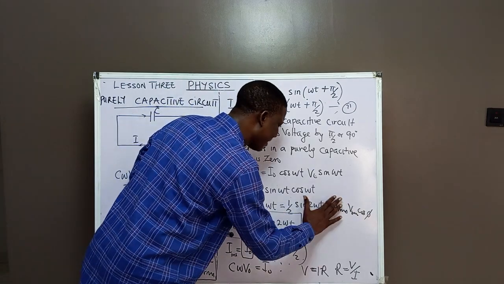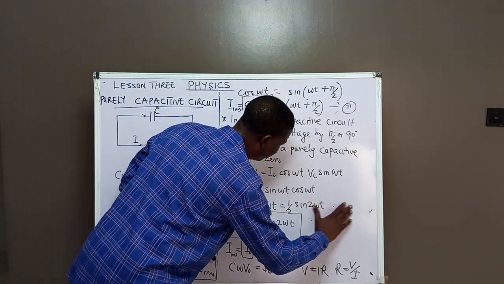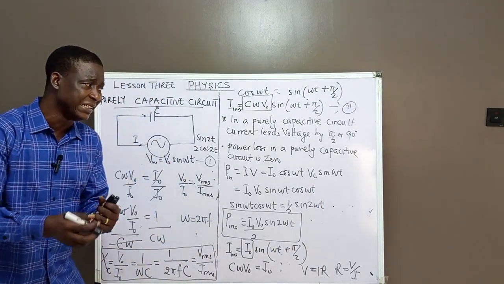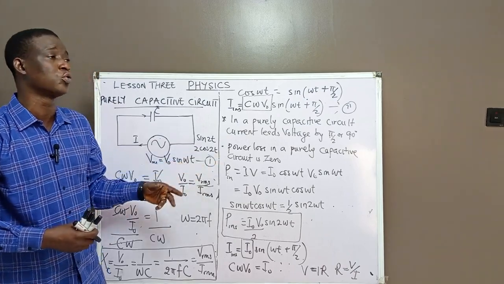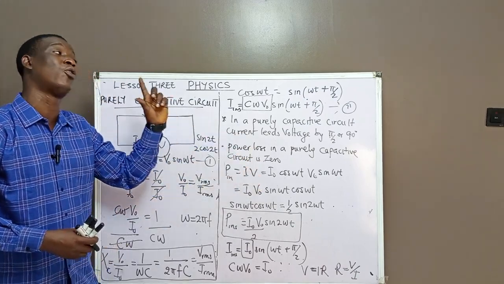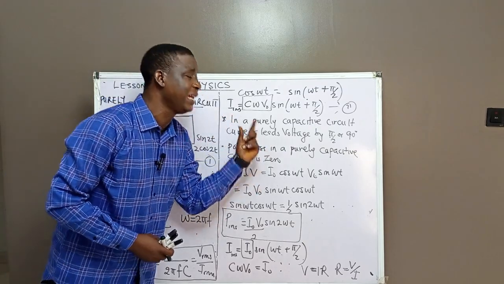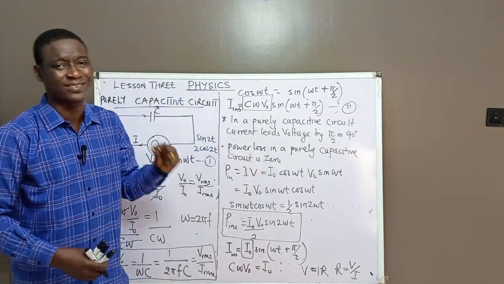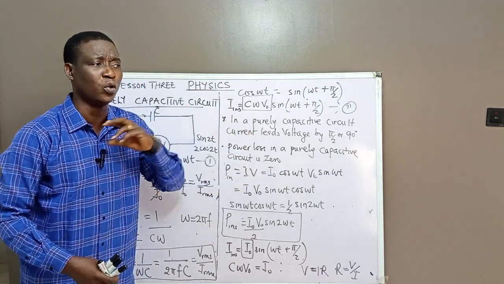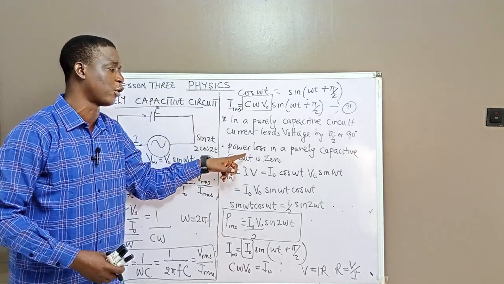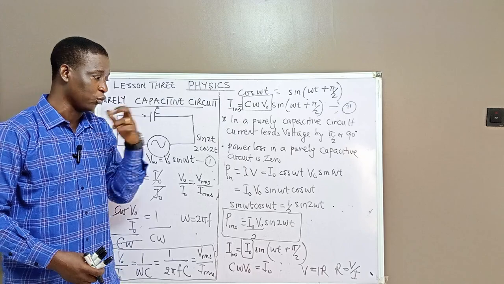All the parameters here are changing, with no constant value, and because of that, the power loss in a purely capacitive circuit is 0. One of the major reasons is that the current and the voltage are not in phase. One leads the other, so it is very difficult for us to have a power loss in such a circuit.